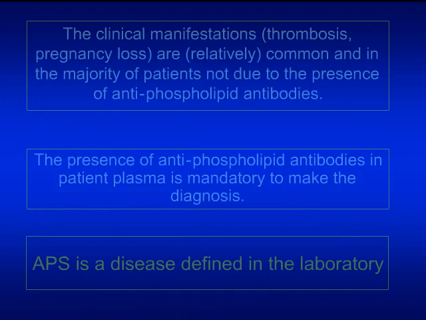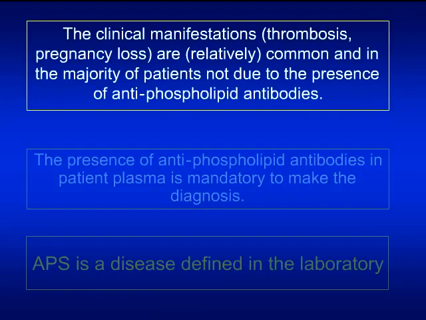One important thing to realize is that the clinical manifestations that characterize this syndrome, such as pregnancy complications and thrombosis, are quite common in the general population, and in most cases not due to the presence of antiphospholipid antibodies. In fact, less than 1% of all thrombotic complications are due to these antibodies.